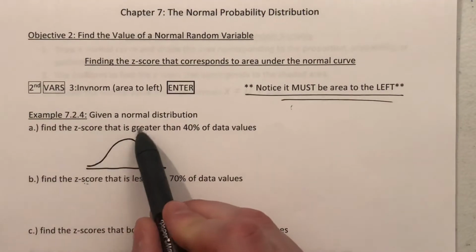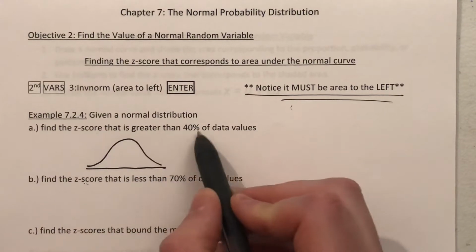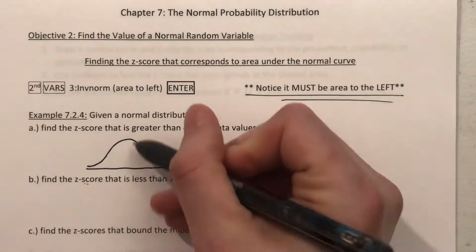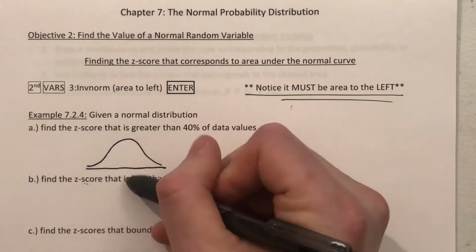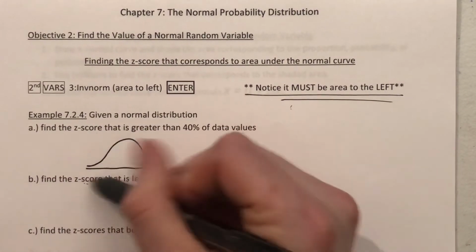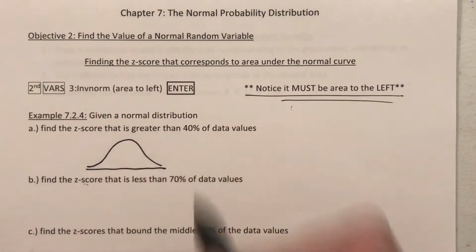The z-score is greater than that much. So if a z-score is greater than only 40%, think of it this way. Is that z-score even to the halfway point yet? Would that z-score be in the middle? No, because the z-score in the middle is above or greater than 50%, right? There's 50% of the data values below it. You want a z-score that's greater than only 40%.